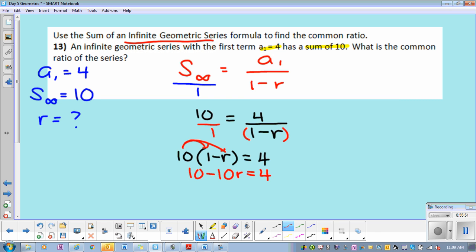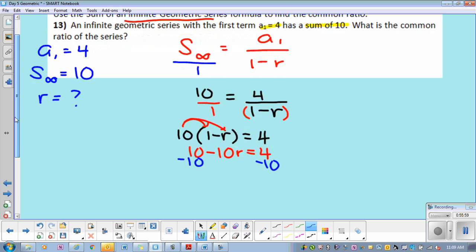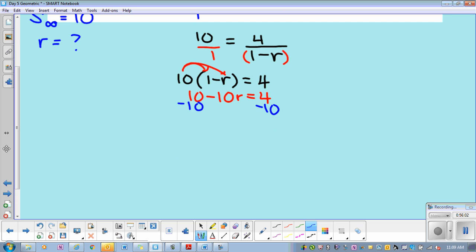You writing this down? How do I solve for this r? Subtract the 10 first. Negative 10r equals negative 6. Now, how do I solve for this r? Good. Divide by negative 10. So r equals what?